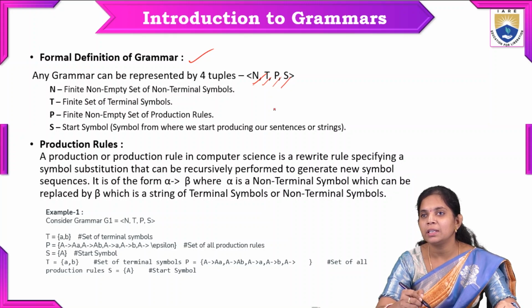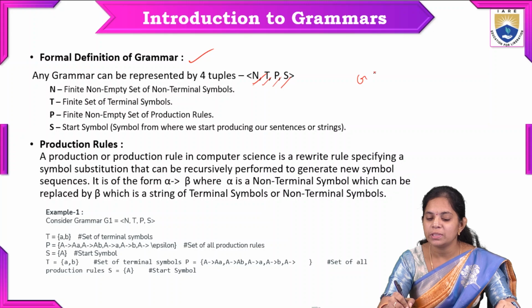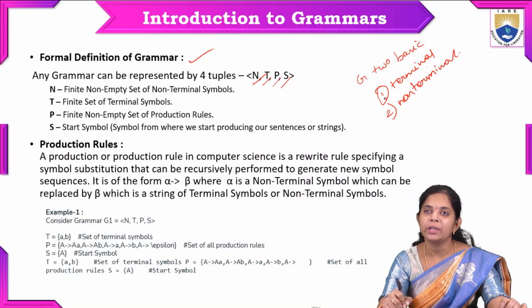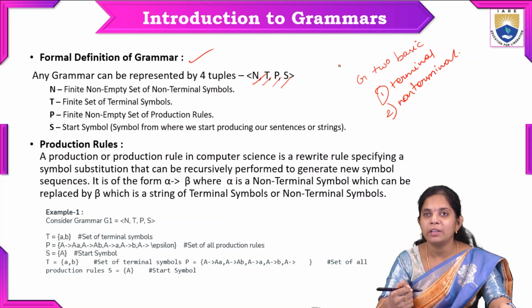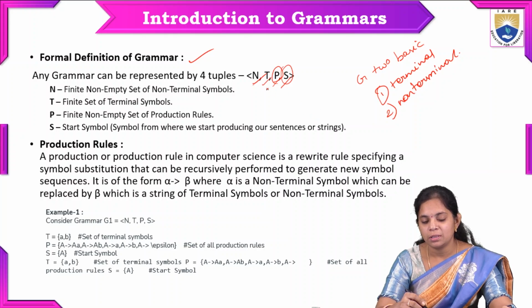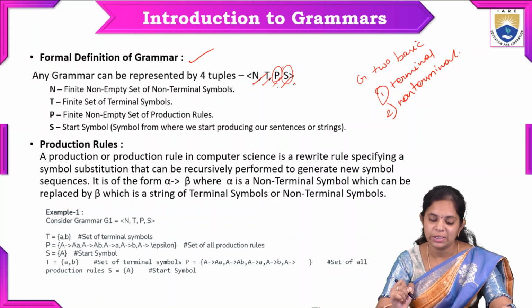The grammar has two basic elements: terminal and non-terminal. These are the two important elements of the grammar. Along with that, there are two more tuples: P for production and S for start symbol.